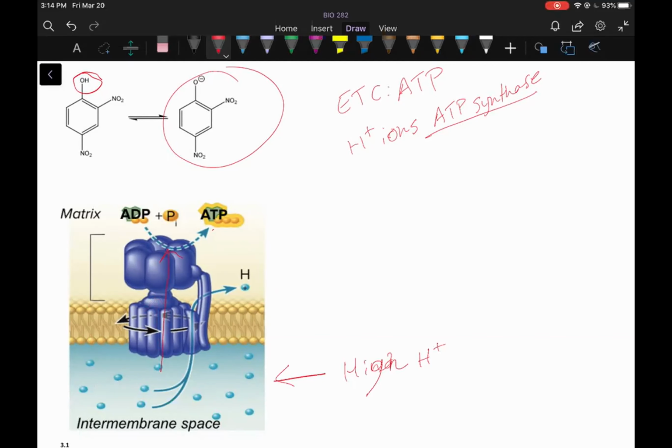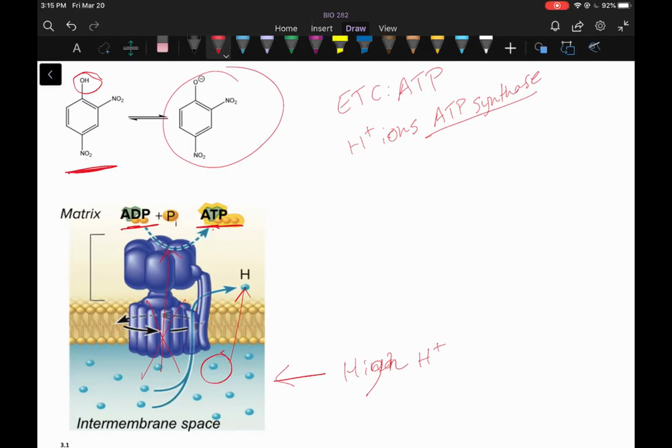And what this drug does is it basically will protonate a hydrogen right here. Once it protonates that hydrogen, it won't go through ATP synthase anymore, and rather it will go out the membrane into the matrix. So we're not going to have any ATP production.